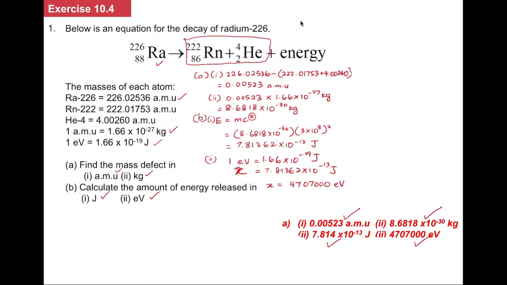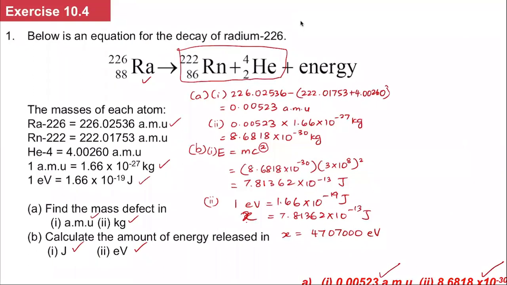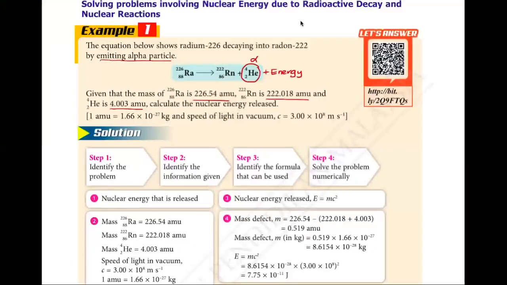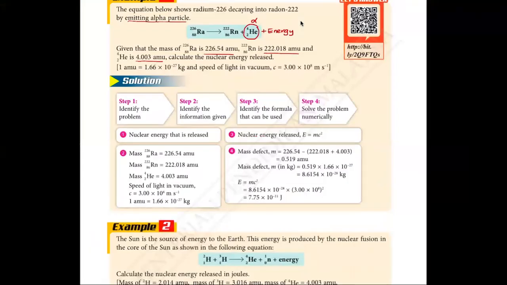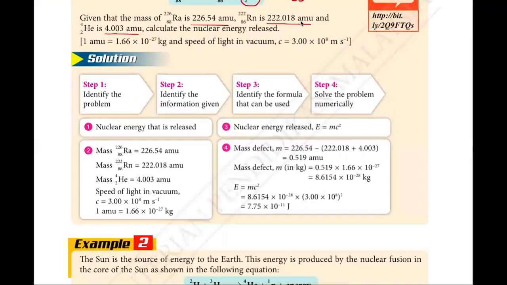First, you have to find the mass defect in AMU, and then you convert it into kilogram, and then you can use that value in kilogram to substitute it into the equation to find the value of the nuclear energy. Okay, the answer is in joule.